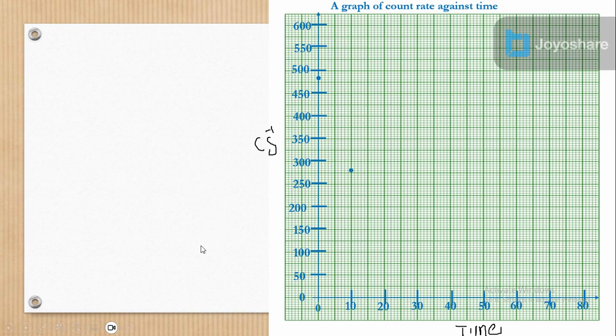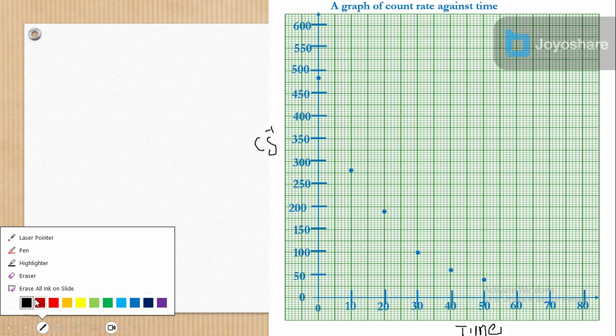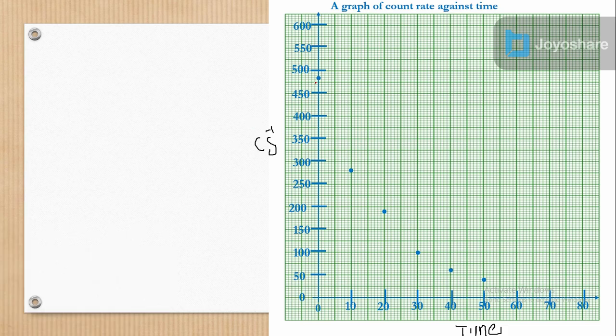So realize that at 480 we have 0. In fact, let's plot all the points. At this point when it is 480 we plotted it at 0. Then next was 280 counts, which we plotted at 10.